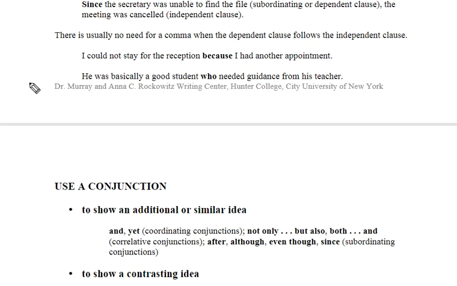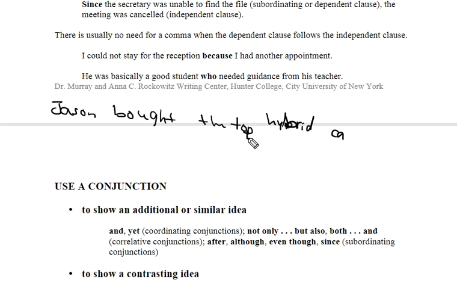For example, Jason bought the top hybrid car, which will help him save on gas.